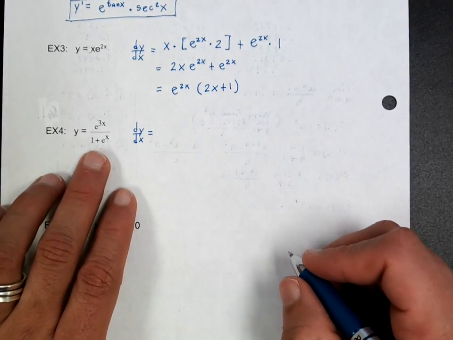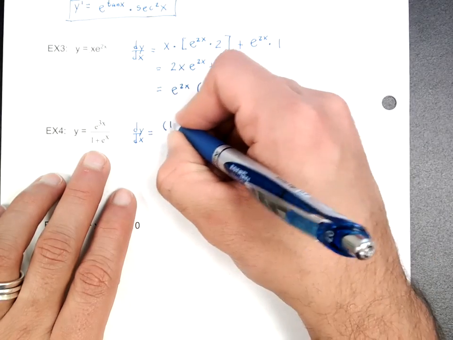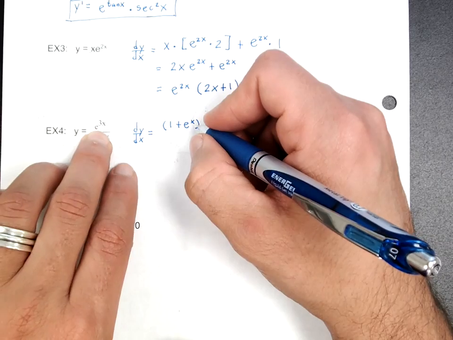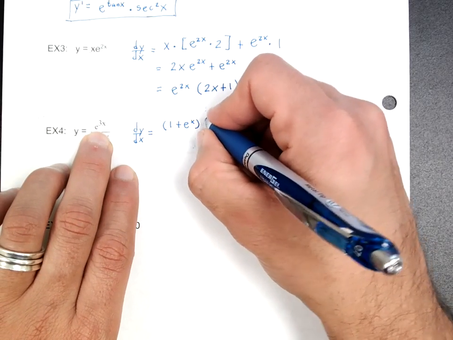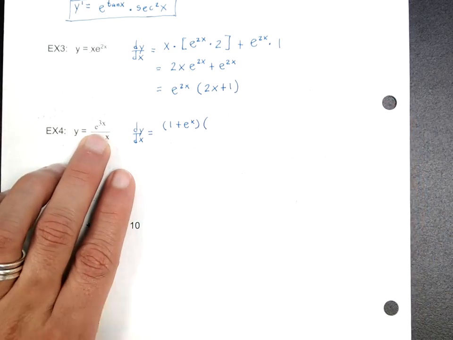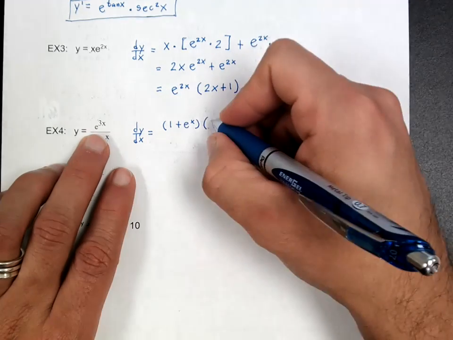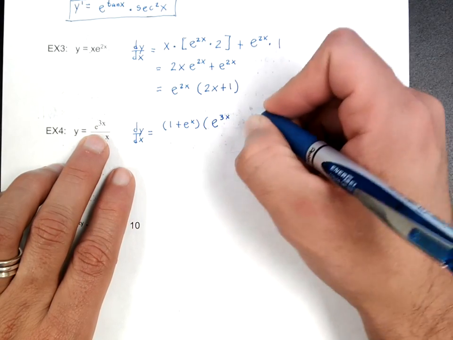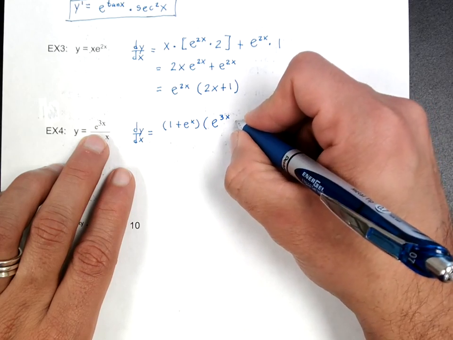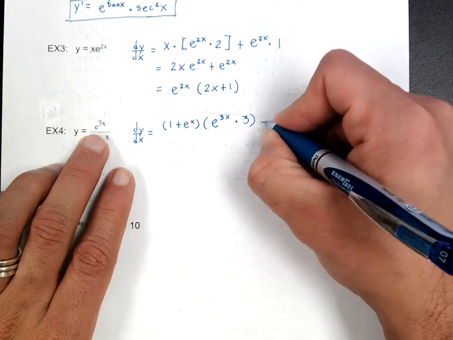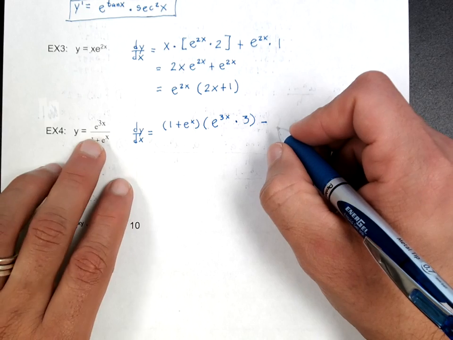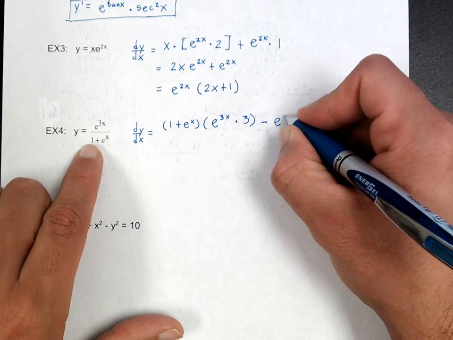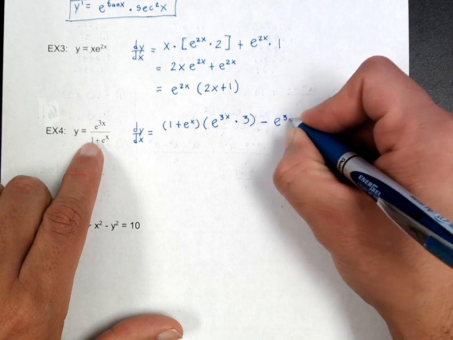All right, so we have low d high, the derivative of that one right there. Remember, e to the 3x is a differentiable function, right? So the derivative of e to the 3x would be e to the 3x times the derivative of 3x, which is 3. Minus, so low d high minus high d low.